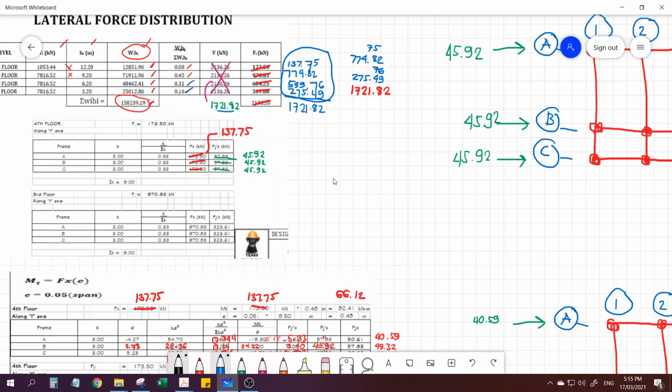Nilagyan ko na lang ng correction dun sa may nagsabit na plates before.